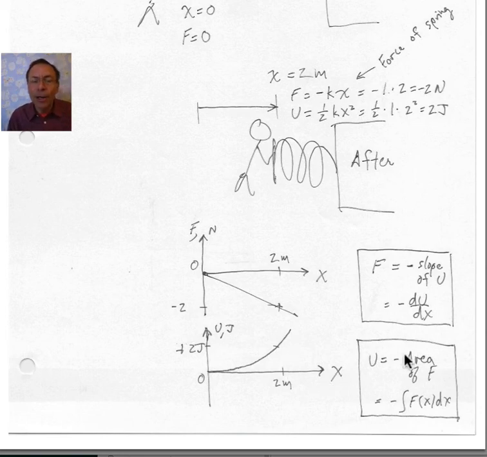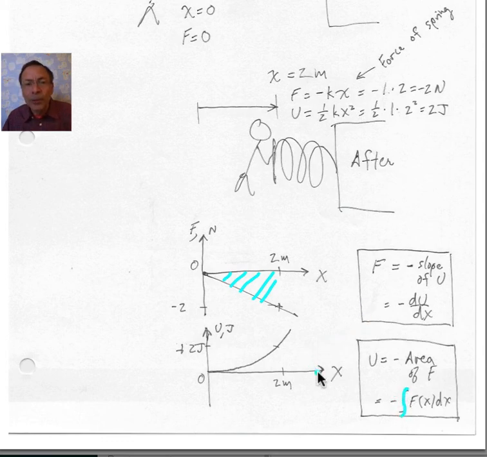And another way of looking at this is that if you wanted to figure out this curve from that, you could do it by finding the area between the x-axis and the force curve, finding this area here. Now, finding the area in calculus is called taking the integral, and this is an integral sign right here.